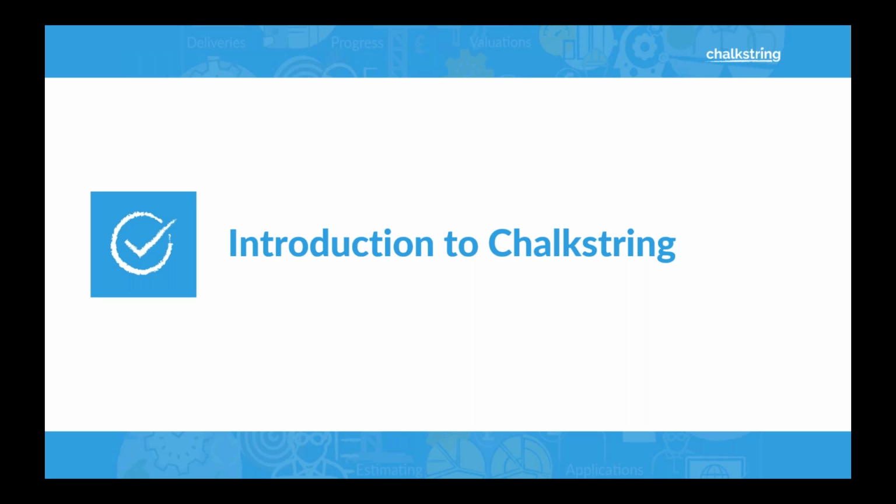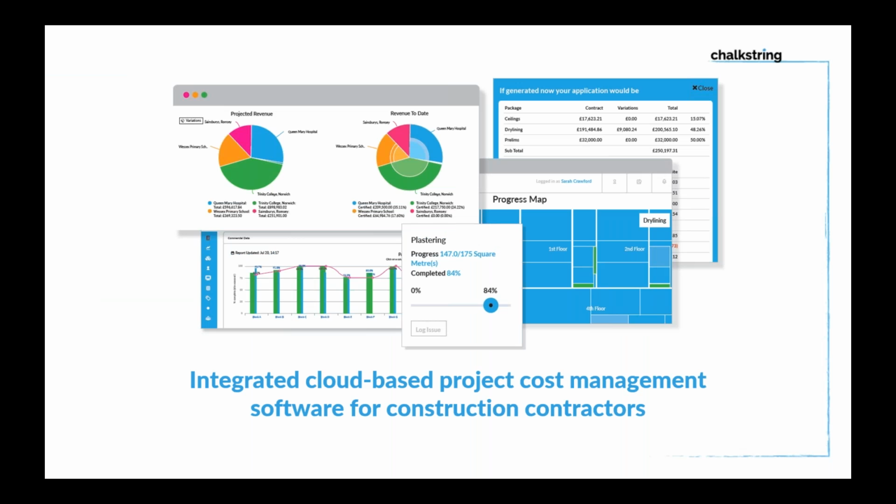So as an introduction to Chalkstring, I'm not going to go into this in detail, but for those of you who haven't seen Chalkstring before, essentially it is an integrated project cost management system for contractors. And it manages everything from pricing a job up front, right through to the procurement, right through into valuations, applications for payments, paying subcontractors, right through to final account. It's a single integrated system based in the cloud.